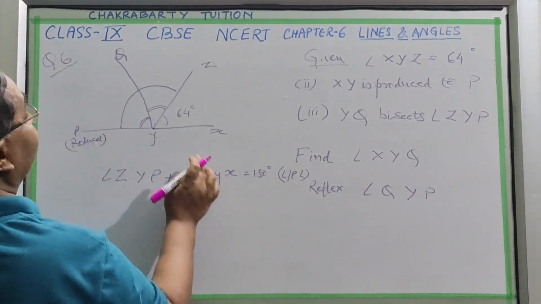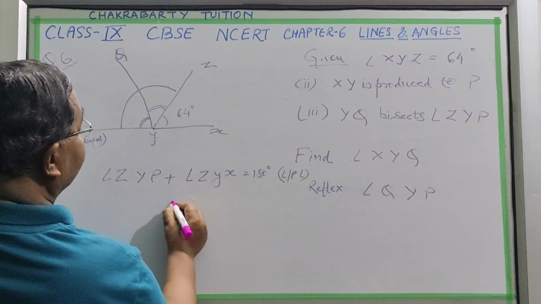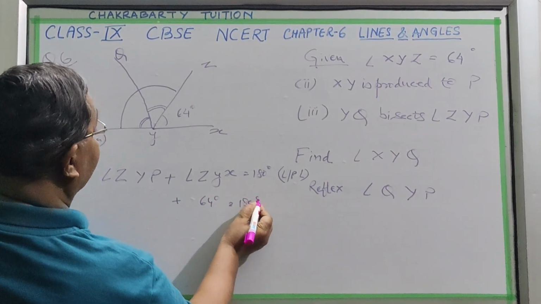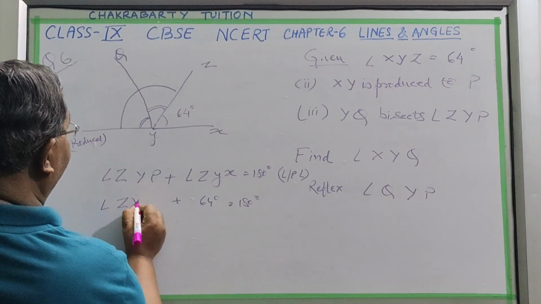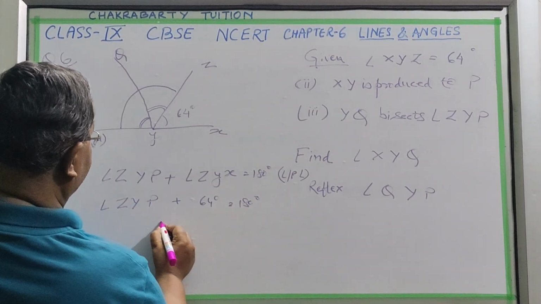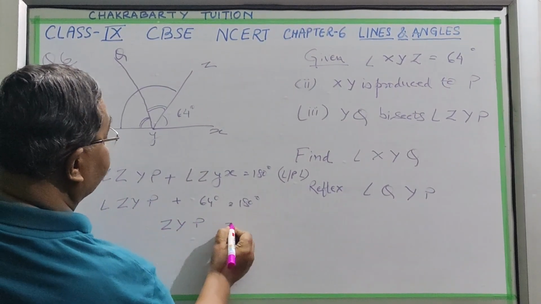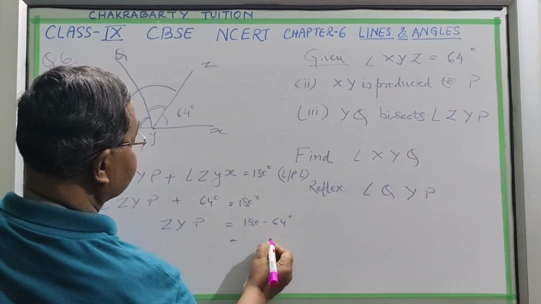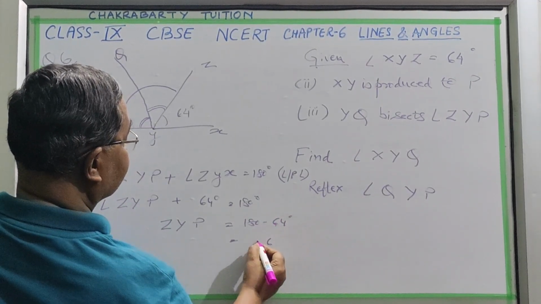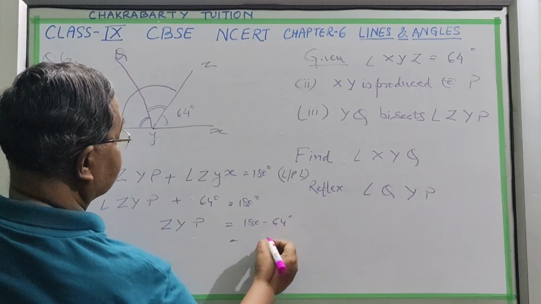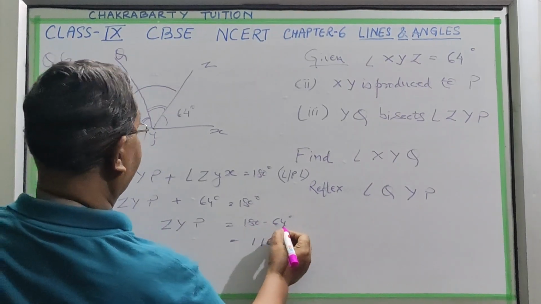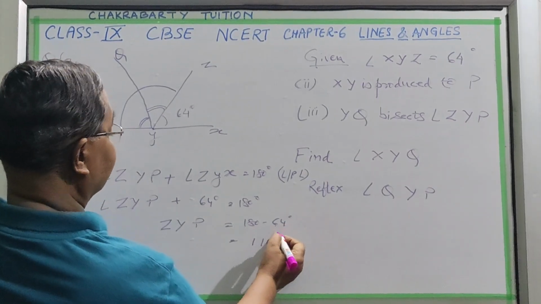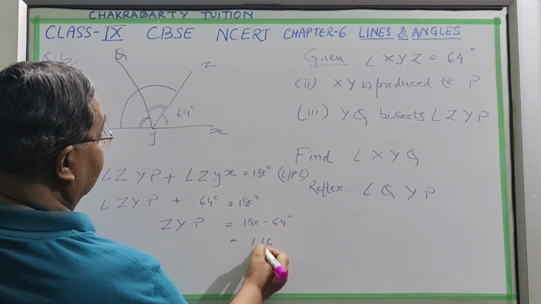Here ZYX is 64 degree, so angle ZYP will be 180 minus 64 degree, which is 116 degree.